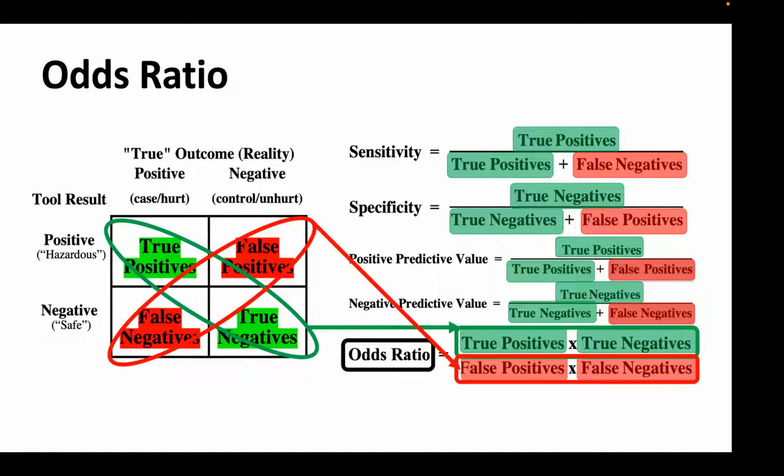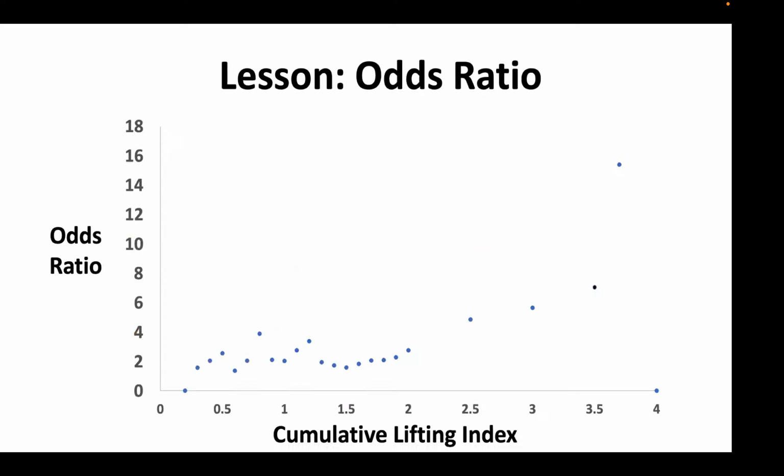I learned an important lesson as a graduate student, and that was that the odds ratio actually changes a bit. If we look here, it's fairly consistent between 2 and 4. So a person with a score above 1 versus a person with a score below 1 is roughly twice as likely to have an injury, for example.